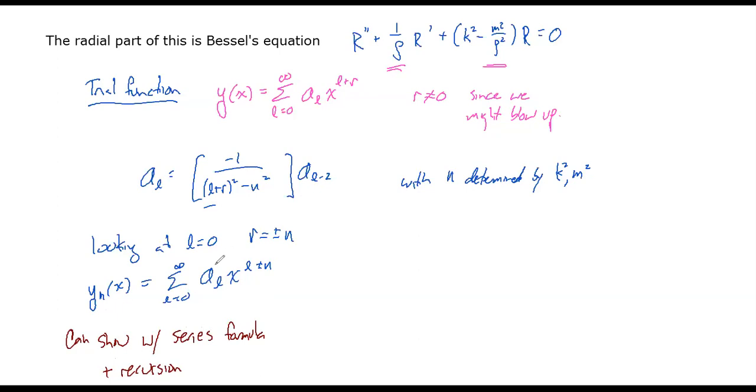You would play the same game where you choose a naught to be 0, for instance, and then I can find a1, a2, a3, a4, all the way out to infinity. Because you're plugging the same number in over and over, there should be a recursive formula. I will write down the recursive formula for n's. So we have y, x^n.